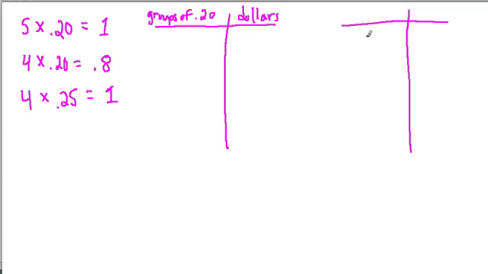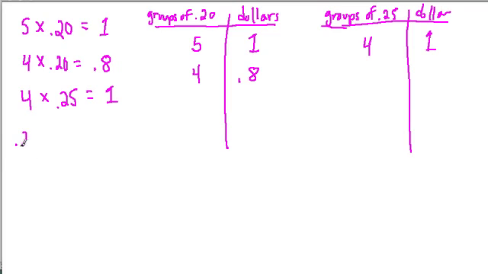Not that it's very necessary in these problems to do this, but this helps, I think, establish a pattern to use a ratio to solve for tougher problems. So if I have 5 groups of 20 cents, I have $1. If I have 4 groups, I have 80 cents. If I have 4 groups of 25 cents, I have $1.